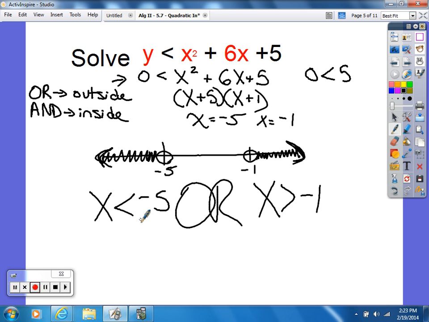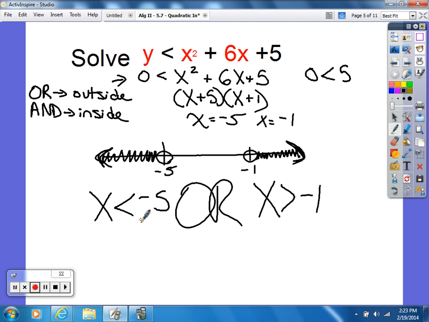Any questions on that? One thing to help you with the people that have trouble with arrows, on an or problem, notice the arrows are facing the way that you shaded. Does that make sense? That's just a little hint.